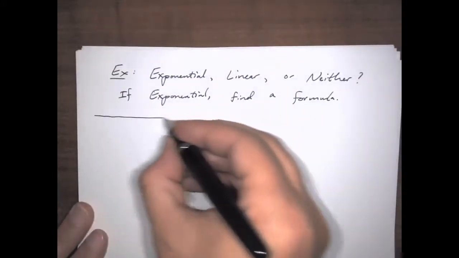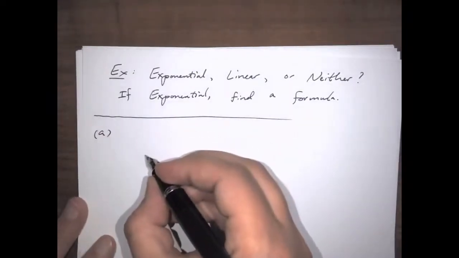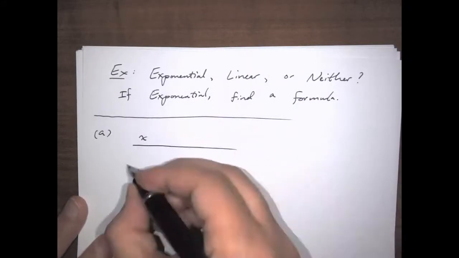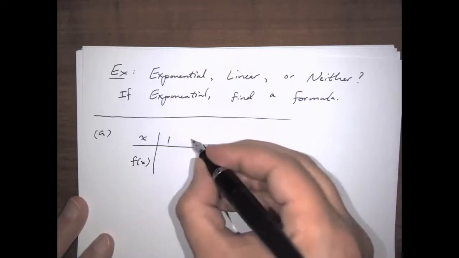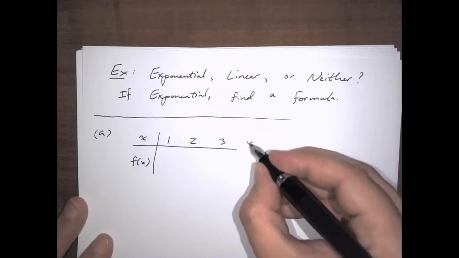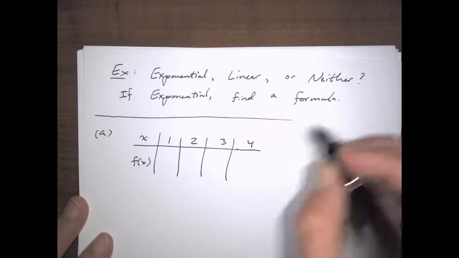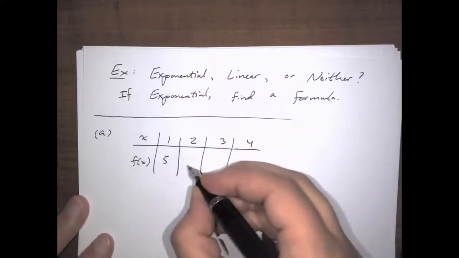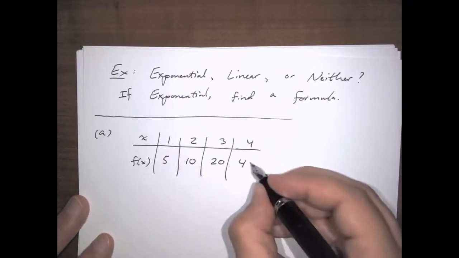All right. So here's what we have to look at in these. So we'll have a table, and the table might be something like this. So we'll have x values, and then we'll have f of x values. 1, 2, 3, 4. And then the f of x values will be something like, let's say it is 5, 10, 20, 40.